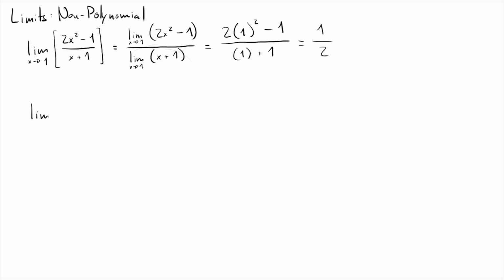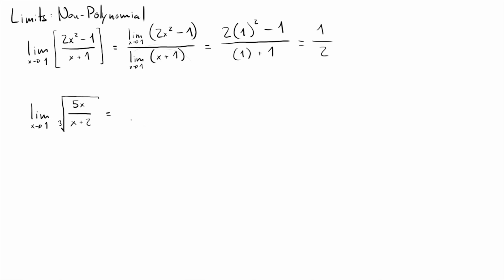This is going to be the limit as x approaches 1 of the third root of 5x over x plus 2. Already this is for sure not going to be a polynomial function, but to make it even worse, we have a numerator and a denominator. So this is most definitely not a polynomial. What can we do with this?